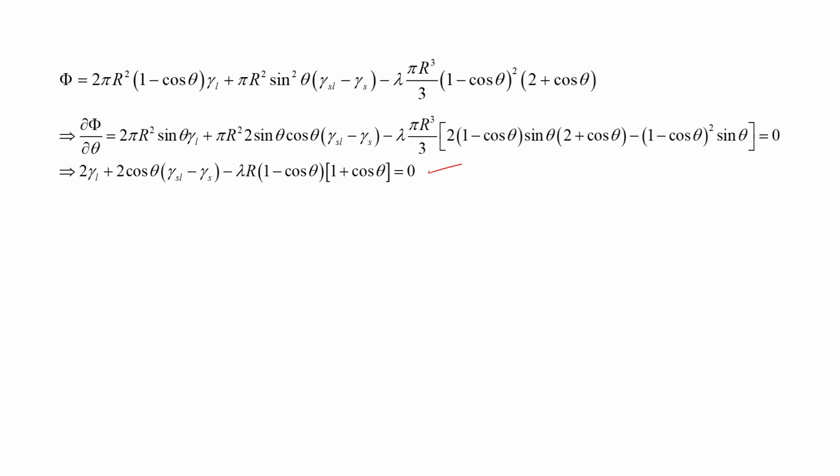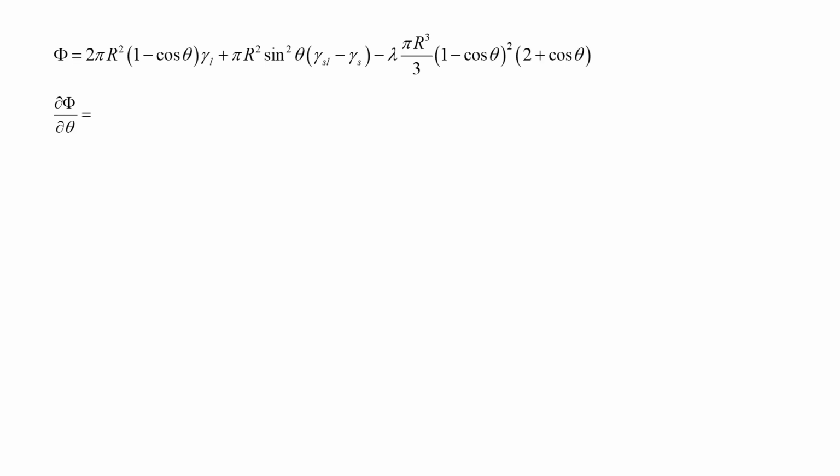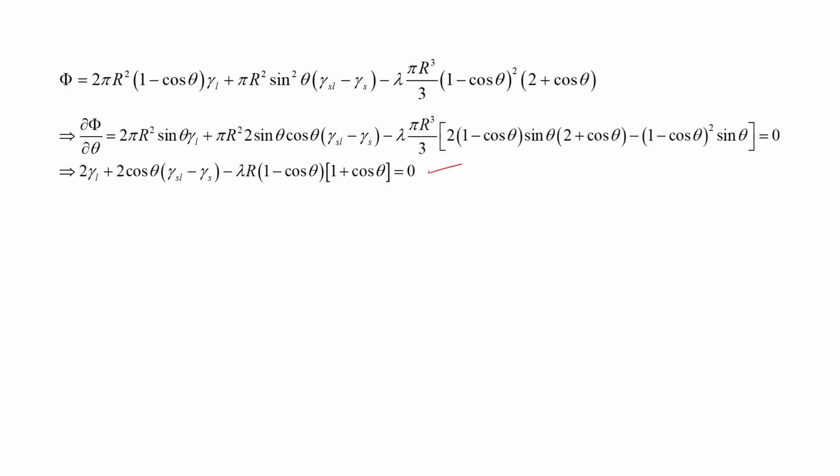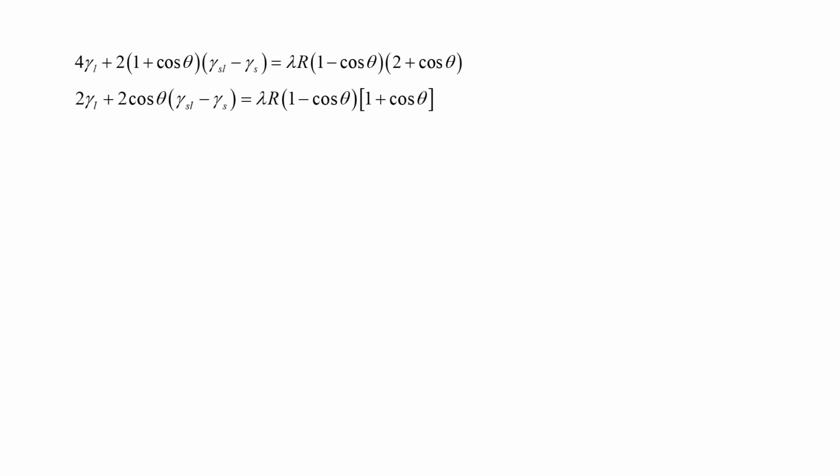So, this is one equation I have. Another equation, let me just write it. This is 4 gamma L. So, this is one equation derived, and the second equation I derived from that Lagrange by putting the derivatives equal to 0.